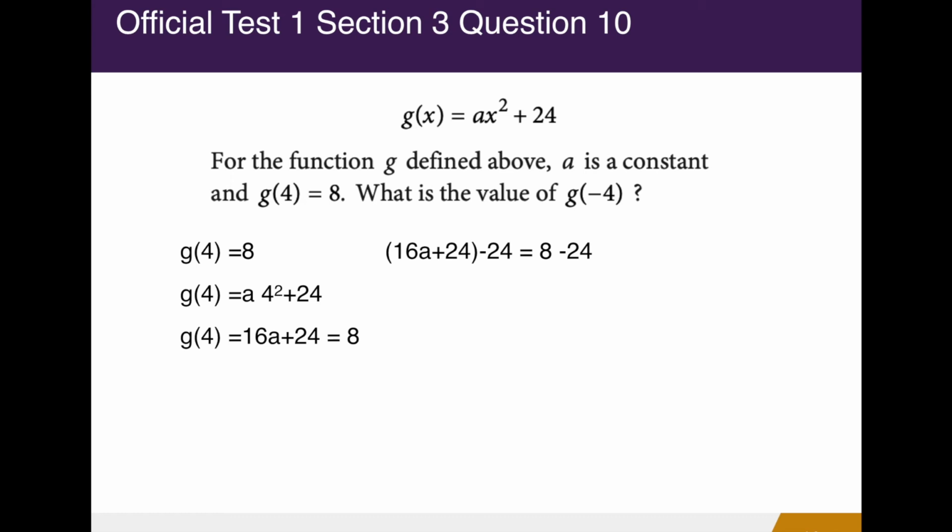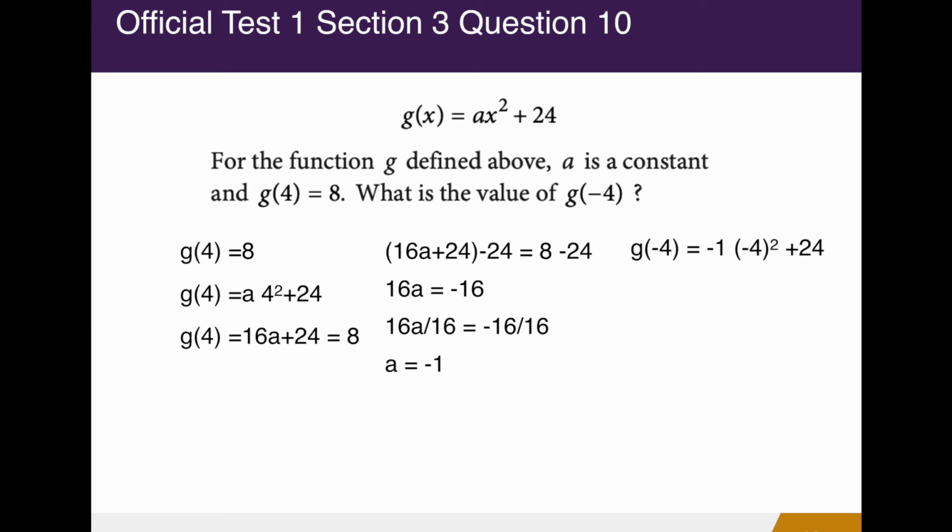We subtract 24 from both sides. So 16a plus 24 minus 24 equals 8 minus 24, and then we get 16a equals negative 16. Then we divide both sides by 16, and we get a equals negative 1.